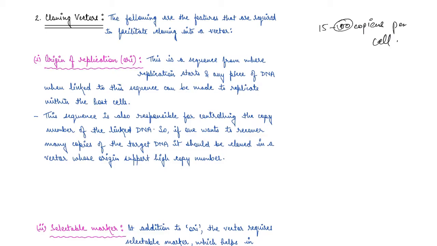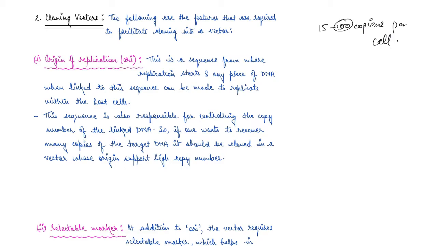Cloning is nothing but the ability to make copies of the target gene that you want to insert into a cell. This ability to make multiple identical copies of a template DNA is cloning. These are cloning vectors, and there are several features required to facilitate cloning into a vector.